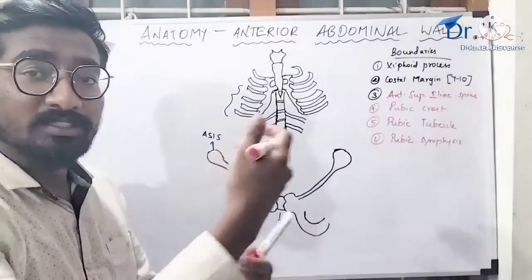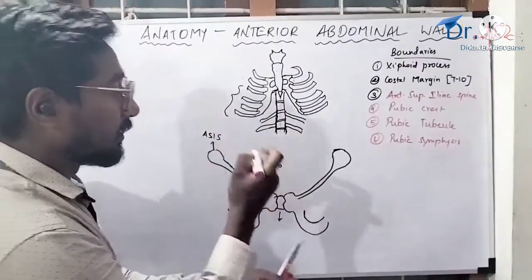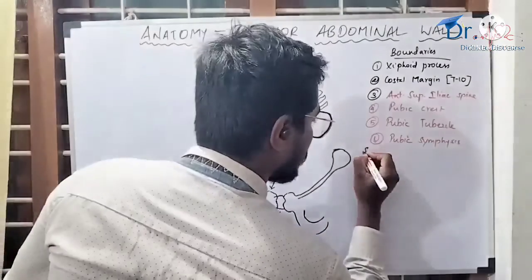Now coming to the surface boundaries of the anterior abdominal wall, you have the umbilicus. You know umbilicus.